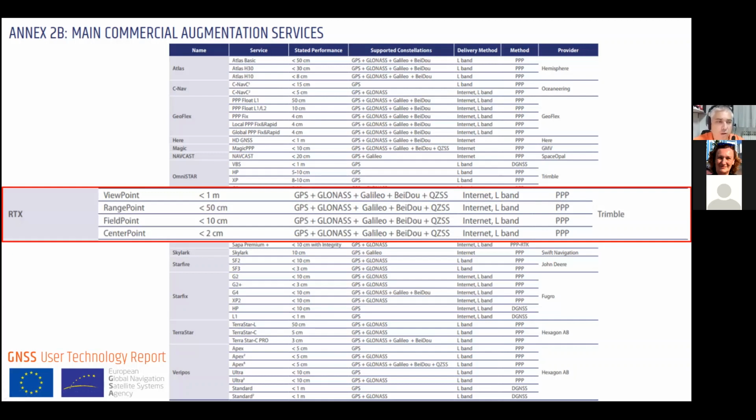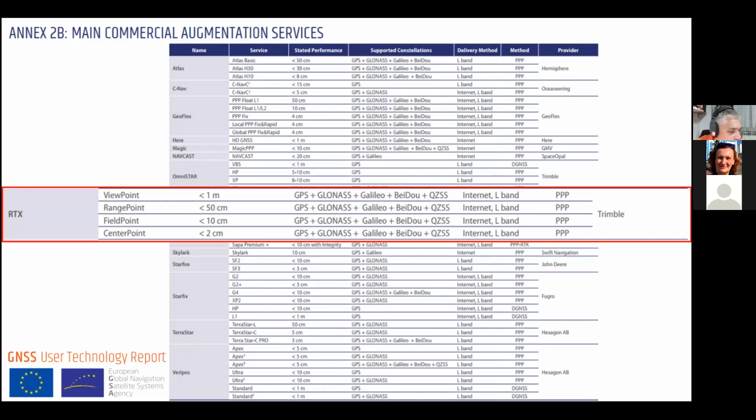But if we just zoom into the solution provided by the Trimble company, we can see that there are 4 services providing different levels of accuracy. The best one, being CenterPoint, which will be shown in much more detail, provides accuracy better than 2 centimeters. It supports all global navigation satellite systems plus QZSS, the Japanese one.